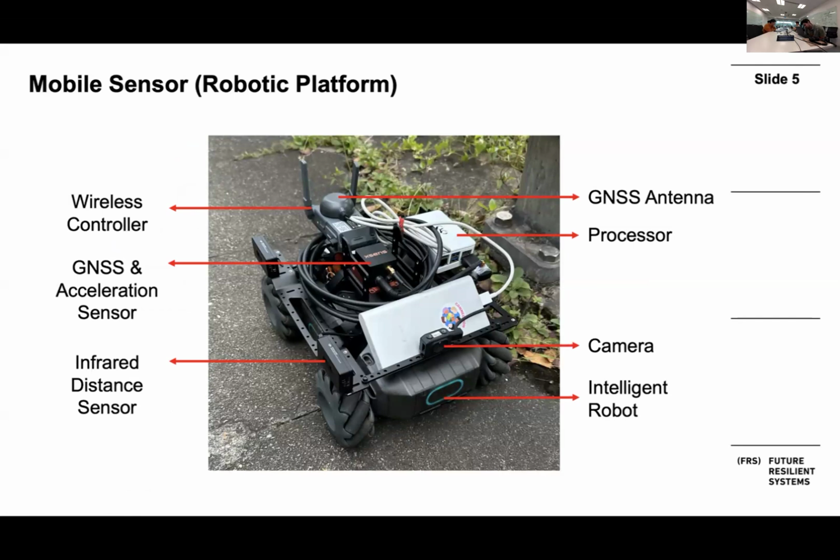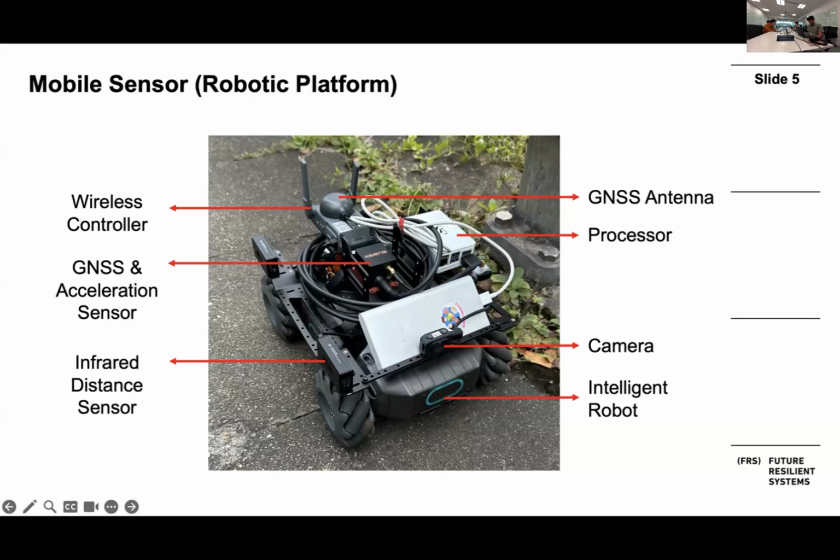The most important one is our robotic mobile sensing platform. As you can see here, first we purchased a robotic platform, shown here at the bottom, from a company. This is already a commercial product, off the rack and cheap, just about $1,000 for this robot, compared with cars.